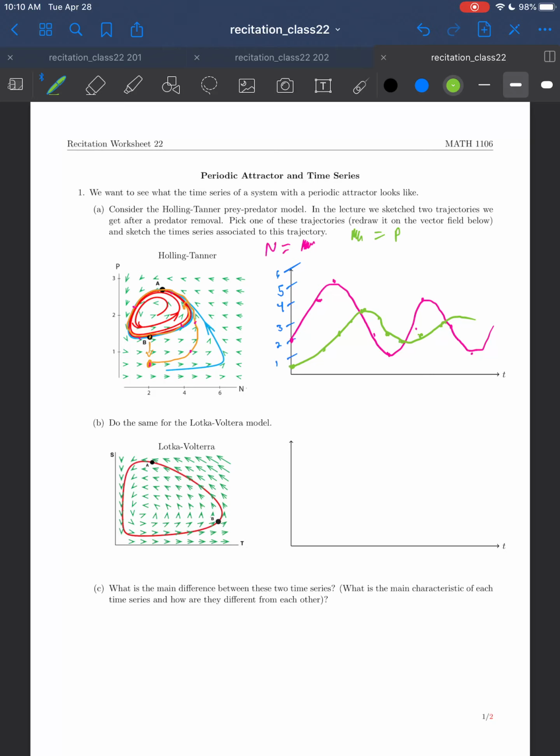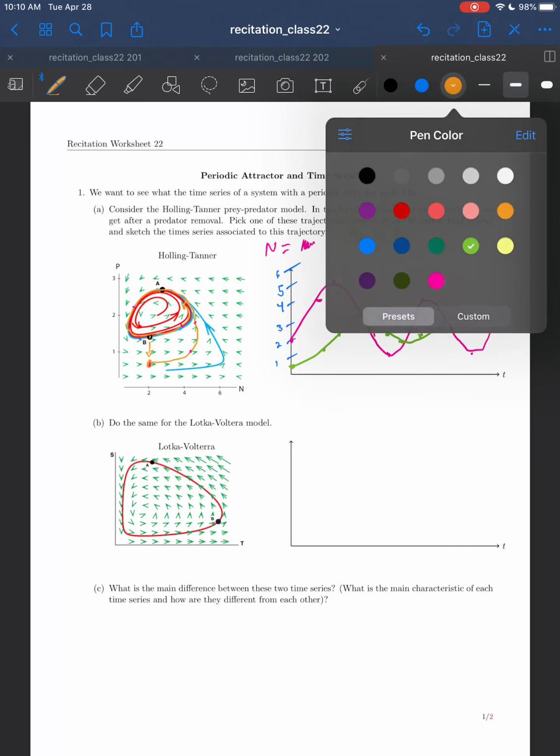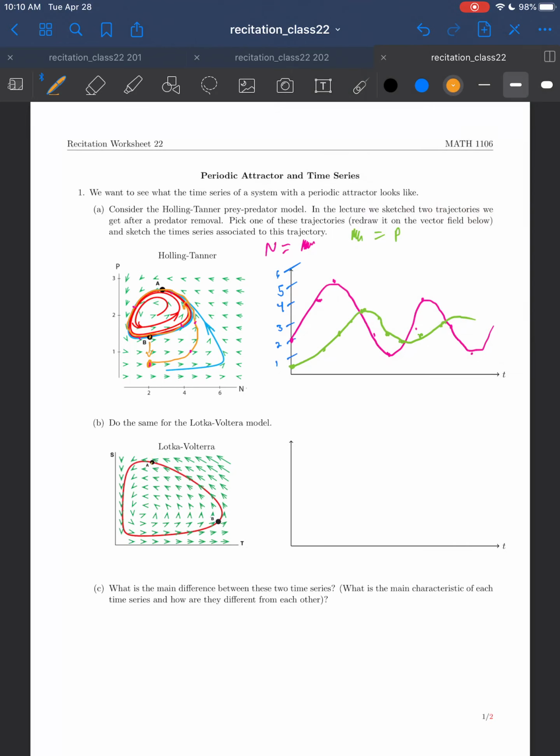Okay, and then we can do the same thing with the Lotka-Volterra model. So in this case, I think it'll be a little bit easier to draw if we start at A. Okay, so we remove some predators, and let's say we end up here, and then what happens? We get a much tighter loop. It goes around in this direction. Okay, and so let's do the same thing. So let's make tuna pink.